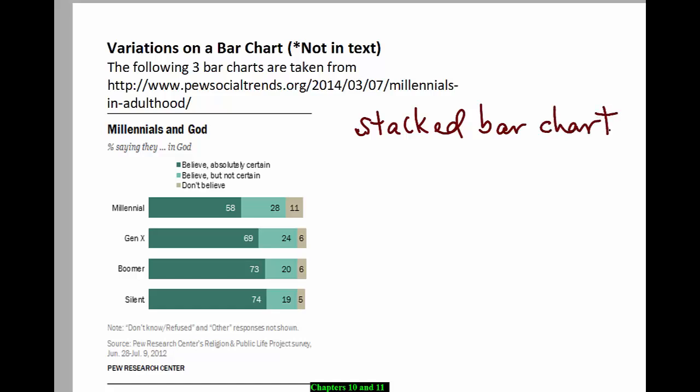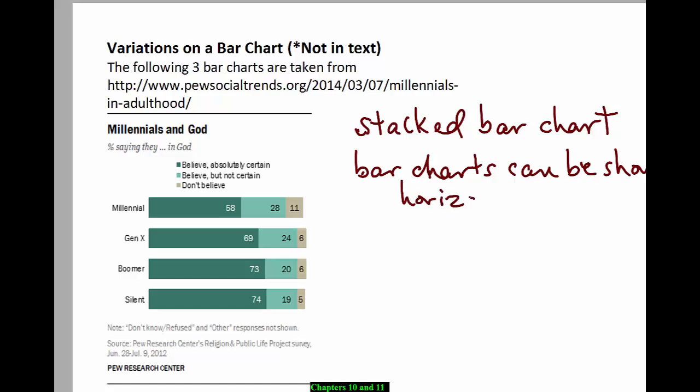Well, we can subdivide into other categories. Notice that we tilted our bars horizontally. Any bar chart can be shown horizontally. This just happens to be one example of that, where the bars are laying down rather than standing up.